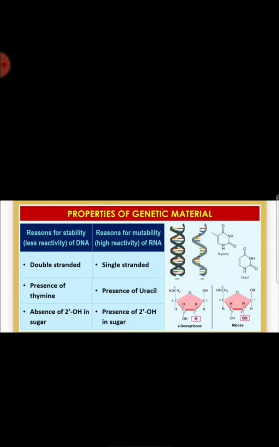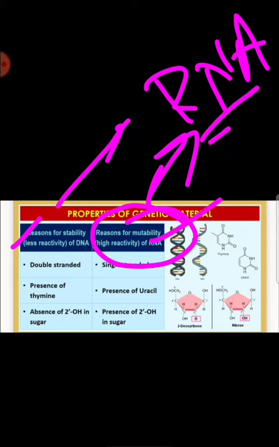Okay, so reasons for stability or less reactivity of DNA, and reason for mutability or high reactivity of RNA. So here we have to study why the DNA is more stable than the RNA. So which is more stable? DNA is more stable than the RNA. So which is more reactive? RNA undergoes mutation more compared to DNA.